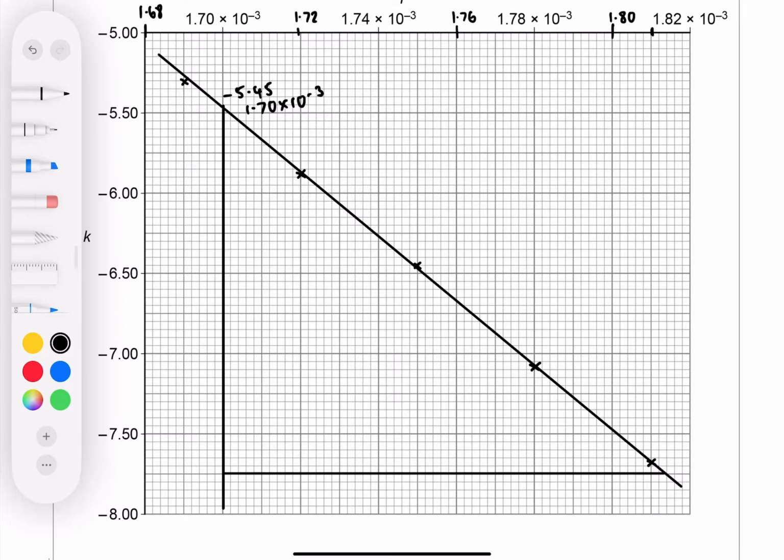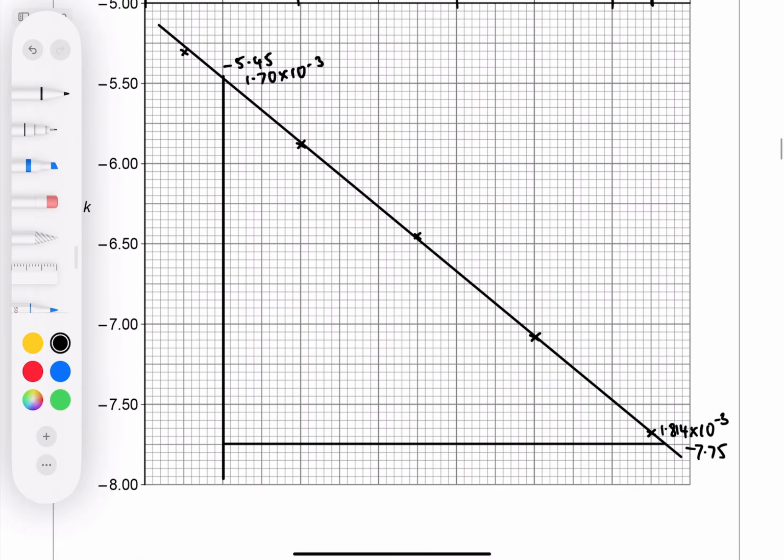So this is 1.814 times 10 to the minus 3 and minus 7.75.